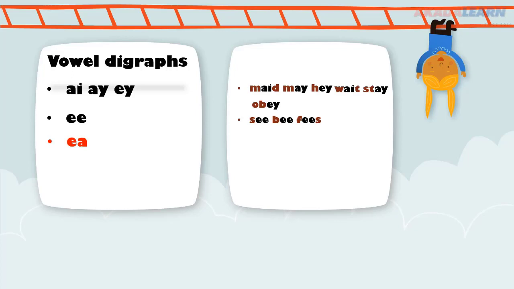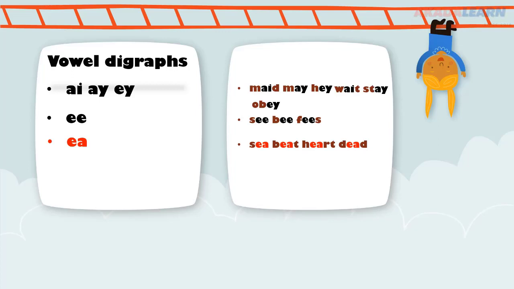And when E and A are together, the reason why they are red is because they make so many different new sounds when they are together. For example, they make the sound E in the word sea, S-E-A. The sea, like where you have a ship or a boat, the deep blue sea. They also make the E sound in the word beat, B-E-A-T.